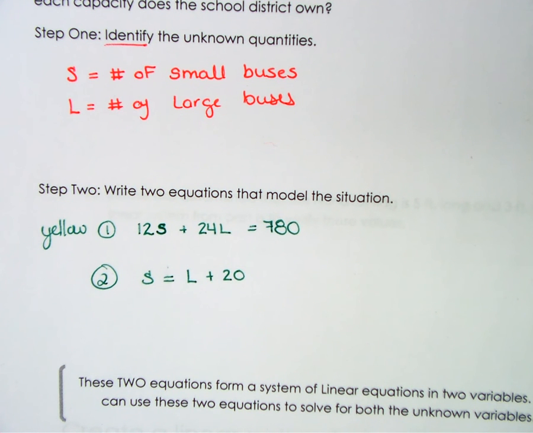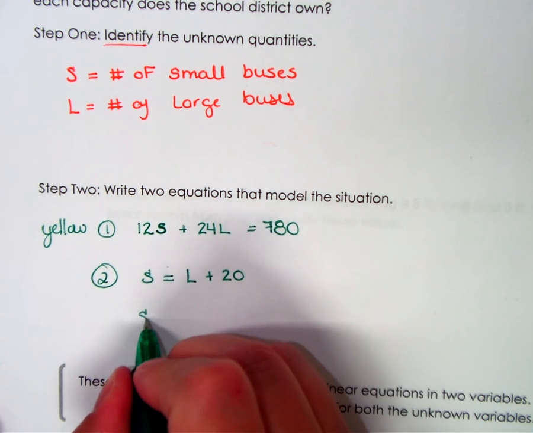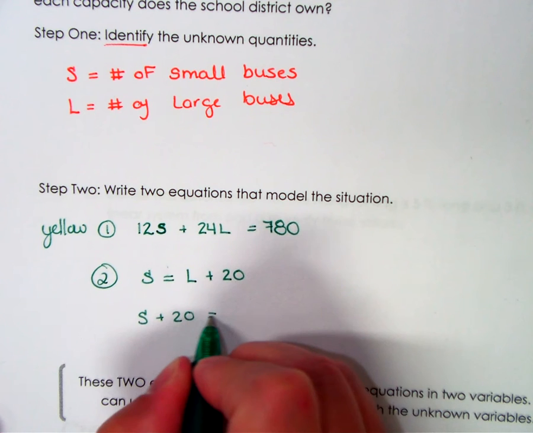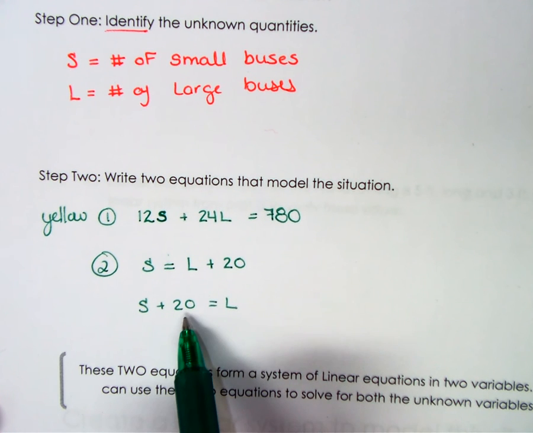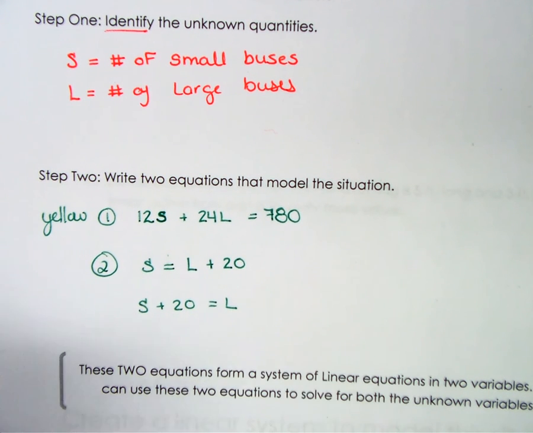Isn't that weird that the 20 didn't go with the small? No. But small plus 20 equals L would mean however many small plus another 20 equals the number of large buses. But you guys told me the small buses were more. So that's incorrect. That one's wrong.